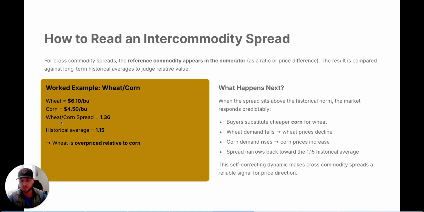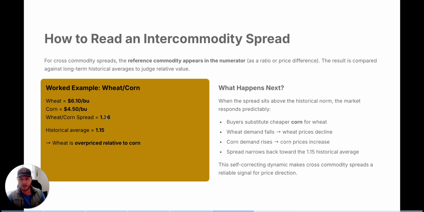So what is that spread? We take the wheat divided by corn to get 1.36. Now, if we go back and look, the historical average has been 1.15 on the spread. So what does that mean? That means that wheat is relatively overpriced right now compared to what we have historically seen against corn.